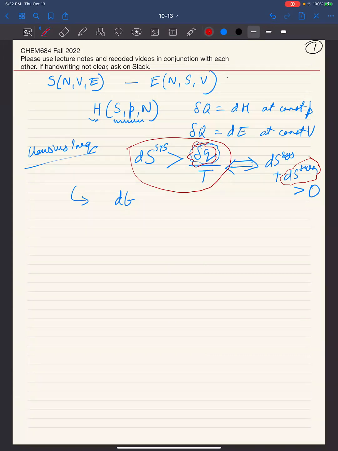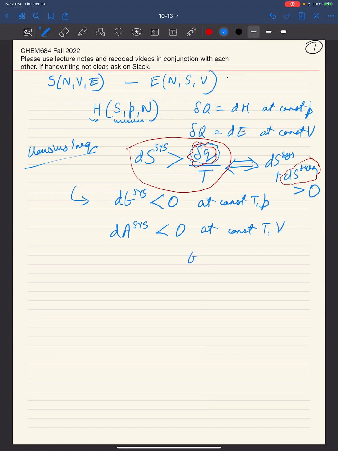So we reformulated this in a way that it is only a state function and it is only of the system by saying that dG system is less than zero at constant T and P, and dA system is less than zero at constant T and V, right?